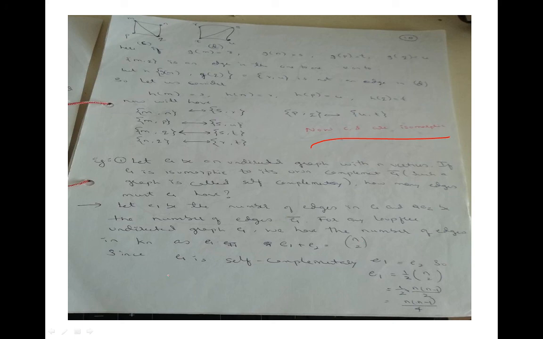Hence G is self-complementary, so I'll be getting E1 equal to E2, so E1 equal to 1 divided by 2 times nC2. If I simplify that final formula, I'll be getting n into (n minus 1) divided by 4. Okay, thank you.